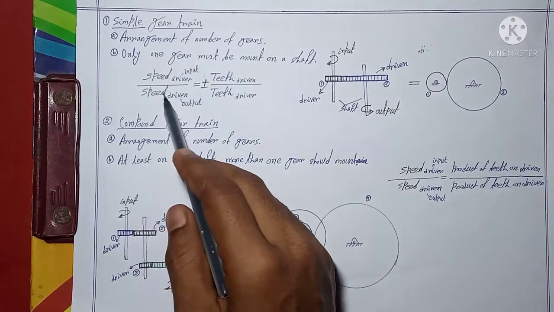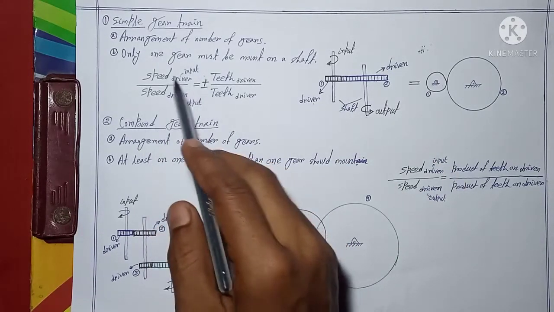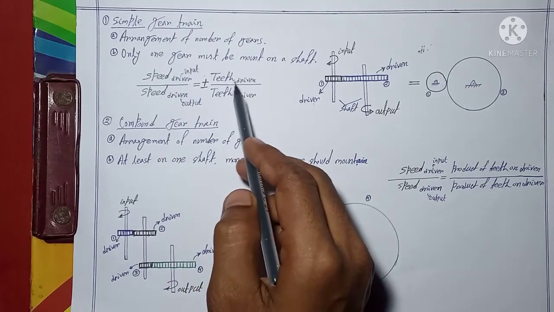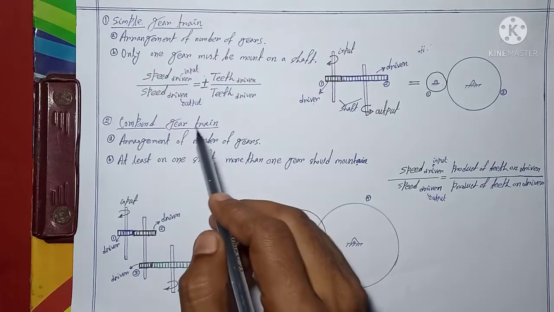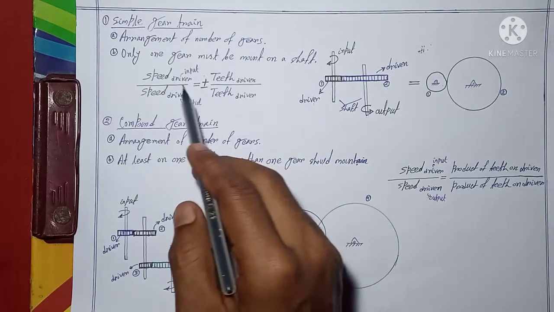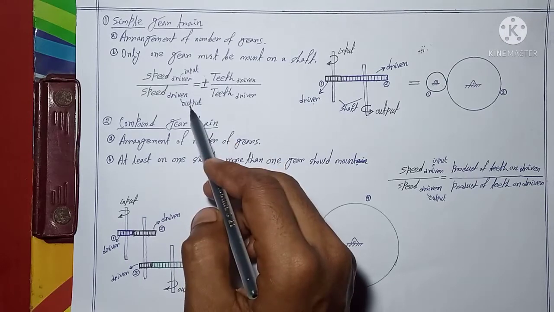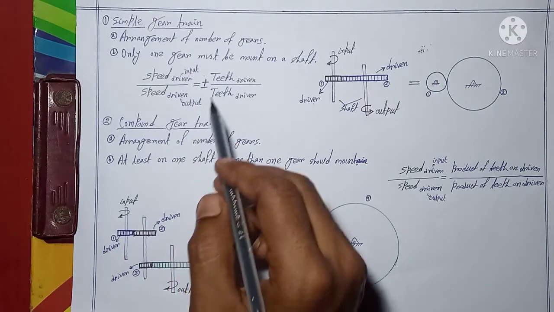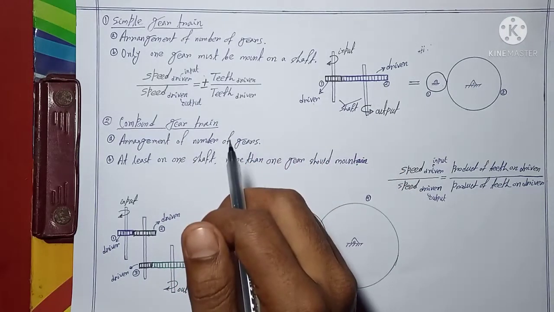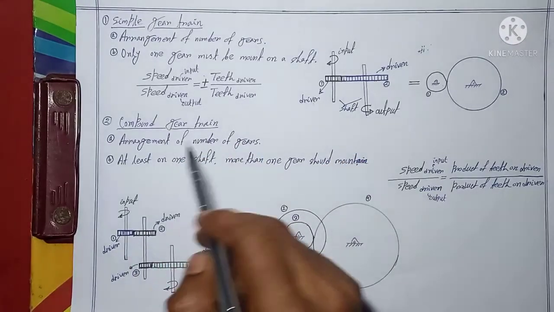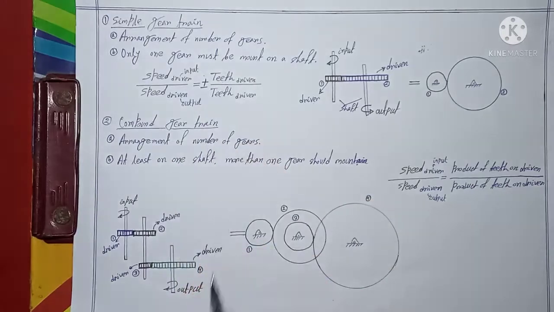If you want to find this, you have to use this formula: speed of driver by speed of driven is equal to teeth of driven by teeth of driver. Here, in place of driver and driven, you can use input and output, or first and last also. Whichever is good for you, you can remember that. So this is about the simple gear train.